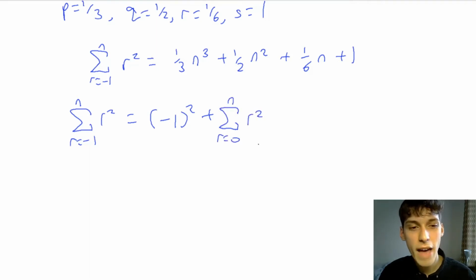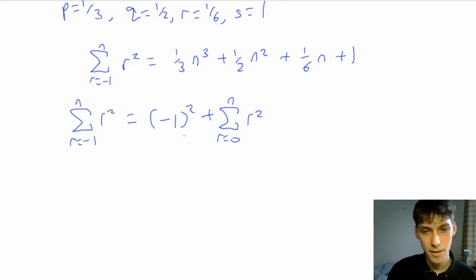If you can't see why that is, have a bit of a think about it, maybe without the sigmas. We're replacing the minus 1 term inside the sigma and taking it out, which is of course equal to 1 plus the sum.